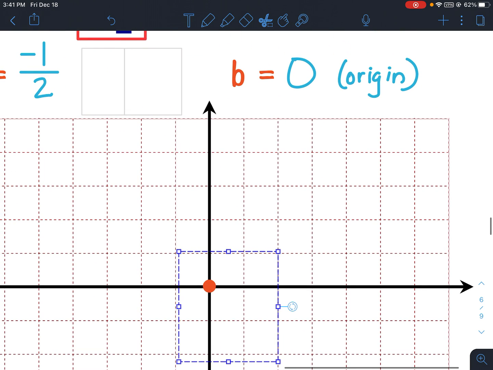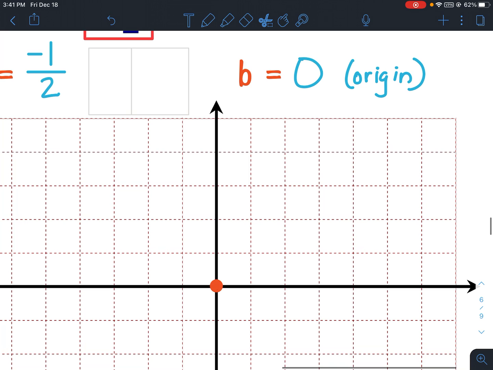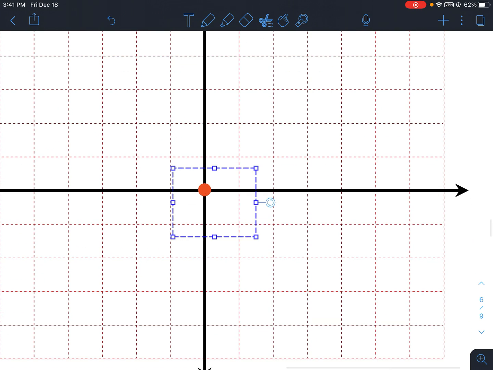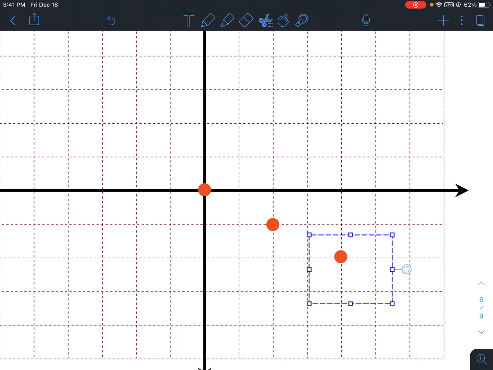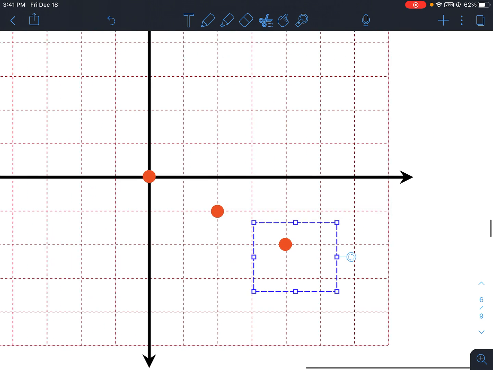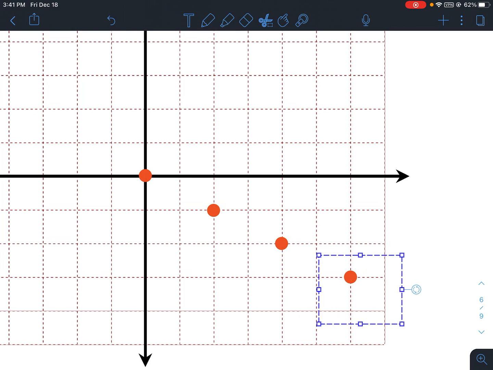And then from there, I'm going down 1. The slope is negative. So I'm going to go down 1 and to the right 2. I go down 1 to the right 2. Again, down 1 to the right 2.